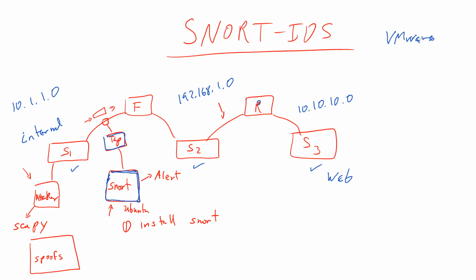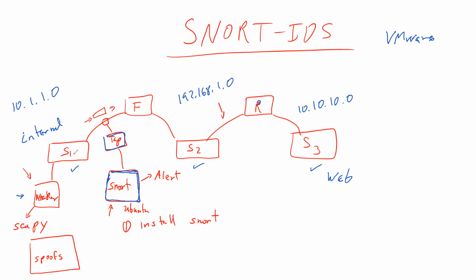Now you have that idea. You have some attacker like this one, let's say on switch 1, and the attacker is going to send attacks, spoofed packets of all kinds. You can try your TCP/IP attacks and send them anywhere. You don't have to target the IDS.